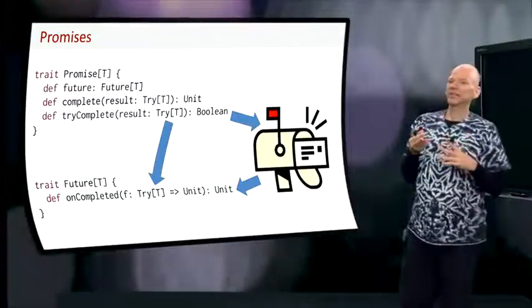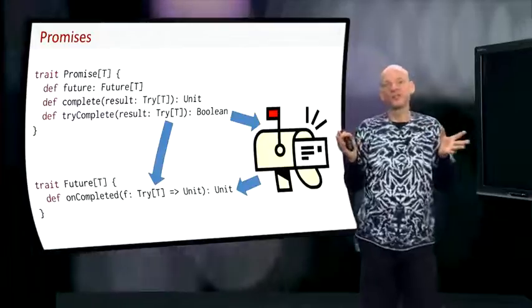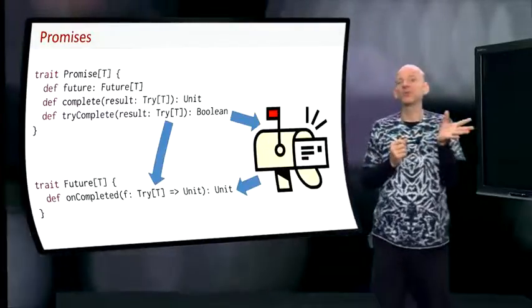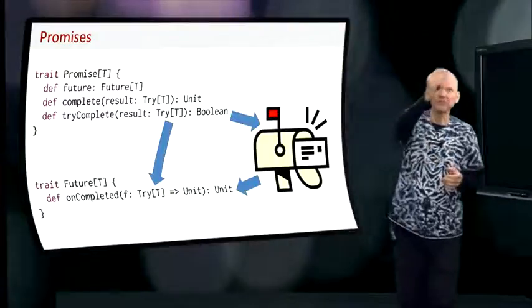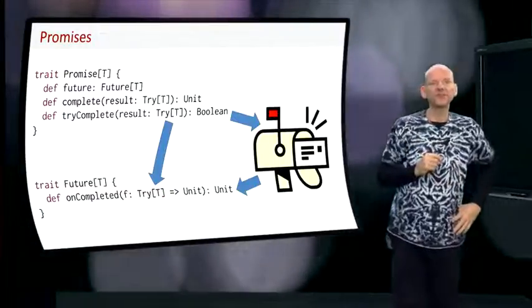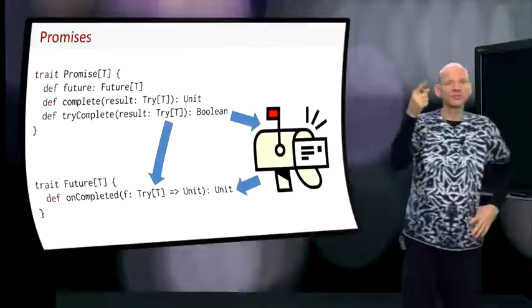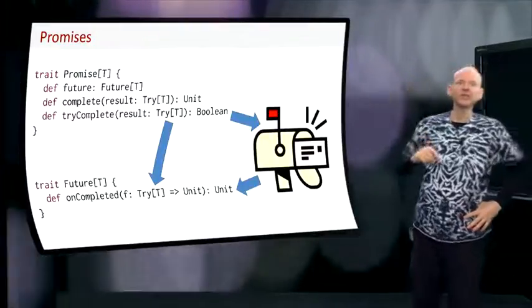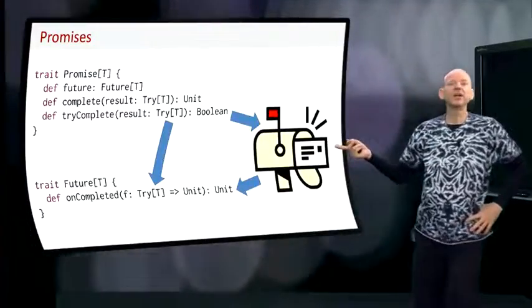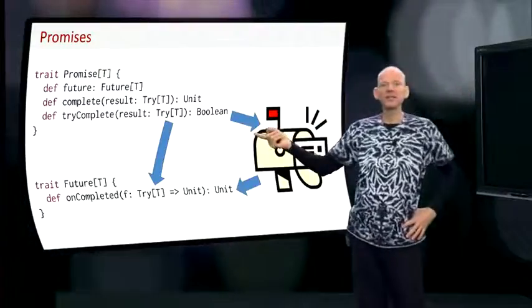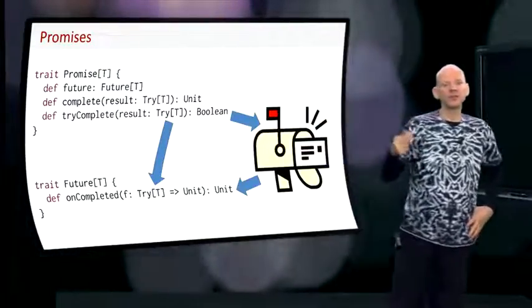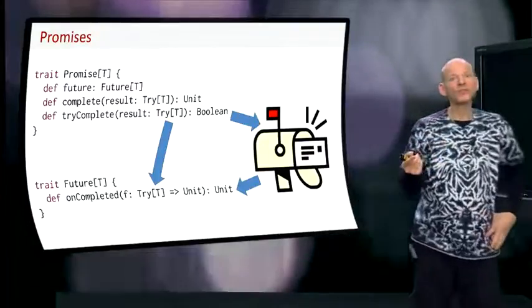And that's maybe the reason I'm not such a big fan of promises, because it's a very imperative concept. Now let's look at the trait Promise. So a promise has a future. You can complete a promise using a Try[T], and then you can also try to complete it.